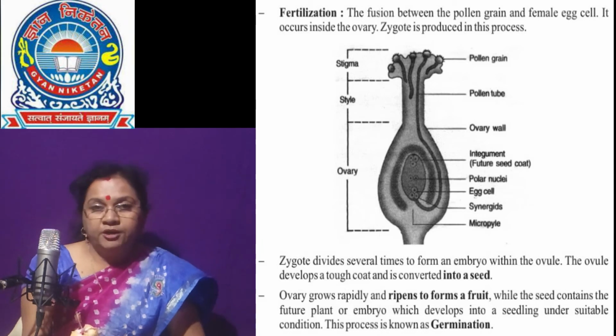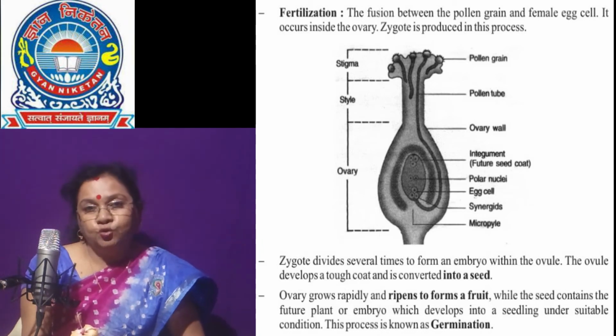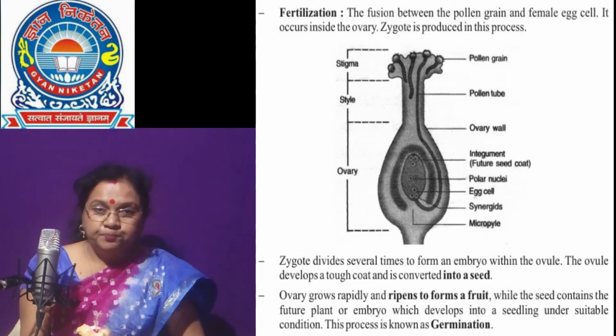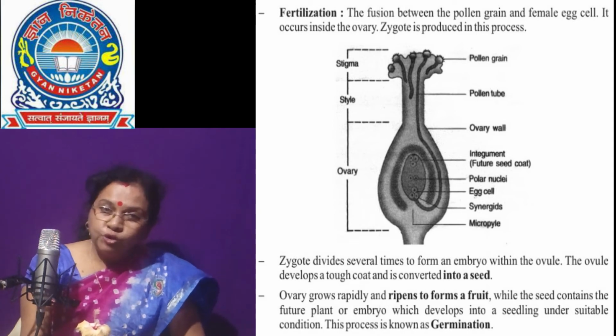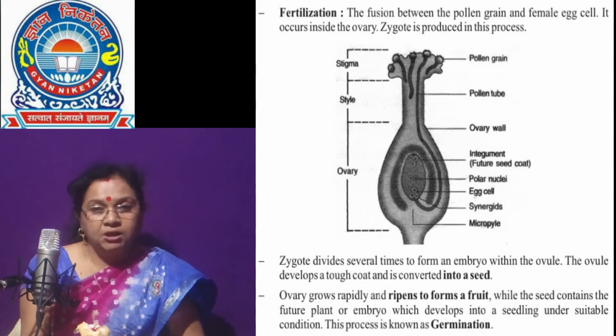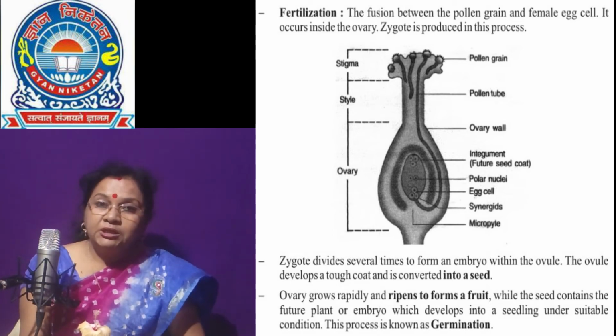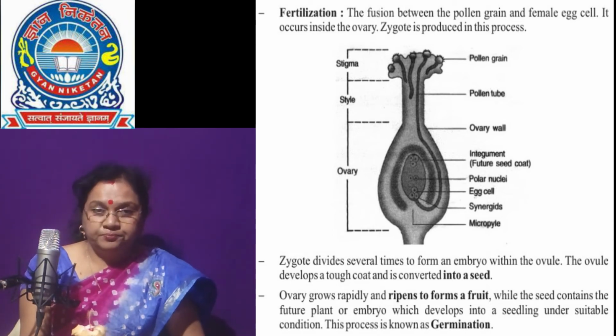The second pollen nucleus fuses with the polar nuclei to form the triploid endosperm nucleus, called PEN, the triploid primary endosperm nucleus. Since fertilization occurs two times in angiospermic plants, it is called double fertilization.